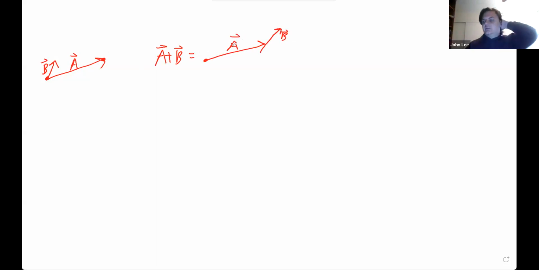because you're going as far along as you did in the AX direction, and then you're going that extra distance along in the BX direction.